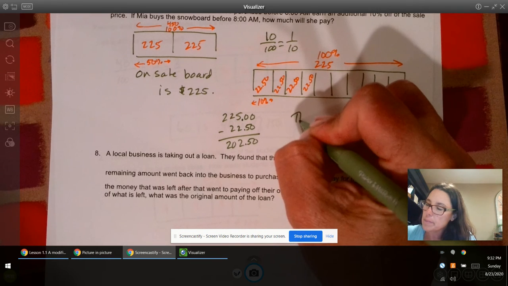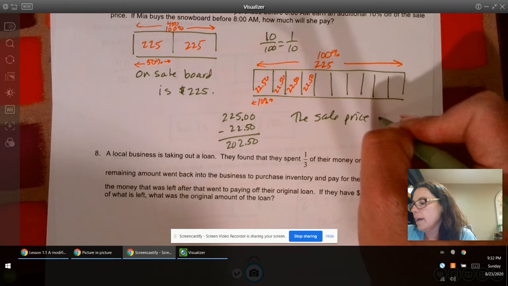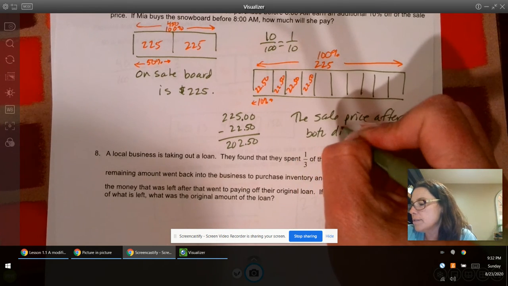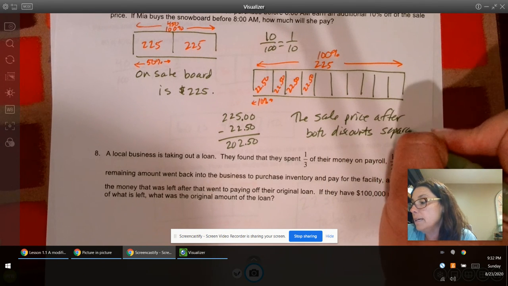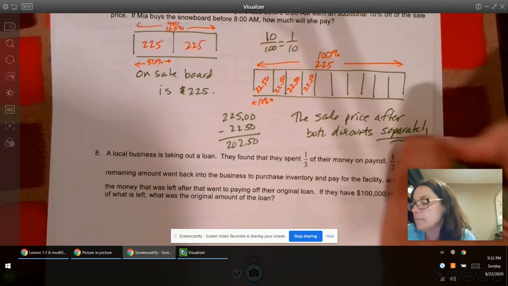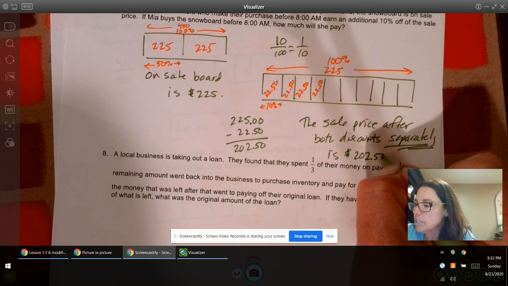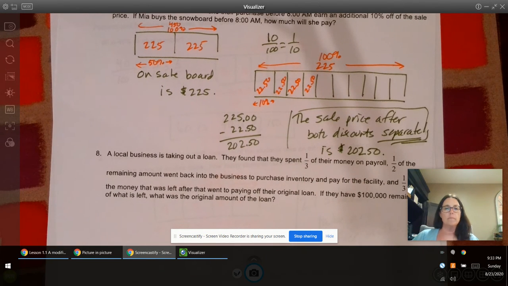So the sale price after both discounts separately, that's the key word, is 202.50. Questions on that one? If there are, please make a note.